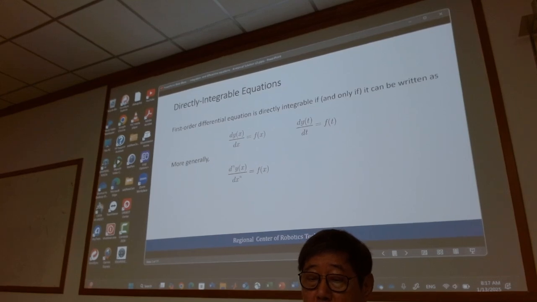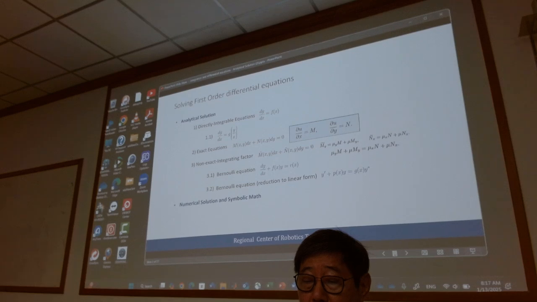First, let's try to solve using the method of direct integration.